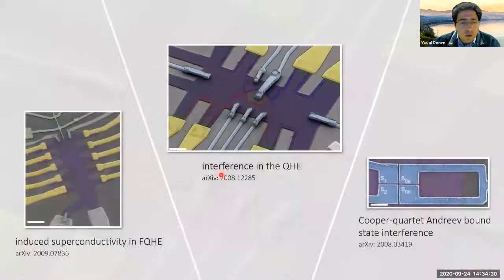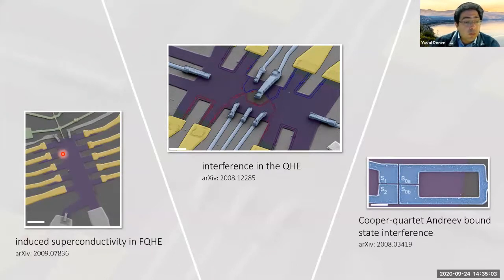Okay, so before I talk about interference in the quantum Hall effect, I just wanted to mention two other works that I did in my postdoc, and we are also continuing these approaches. I'm not going to talk about them, but if somebody is interested, I'll be more than happy to discuss them privately. One of them is inducing superconductivity in the fractional quantum Hall effect. The idea here was to merge two many-body effects, superconductivity and the fractional quantum Hall effect, in a single device.